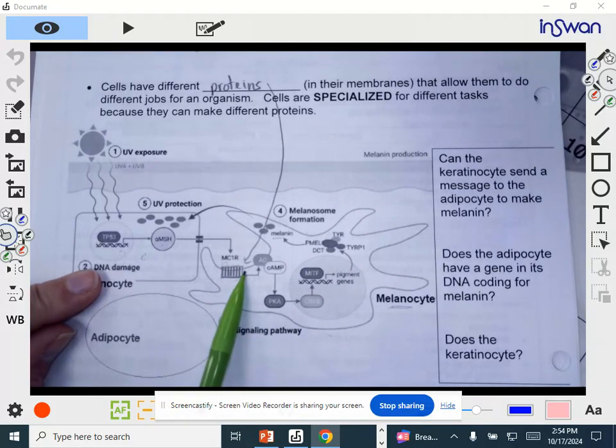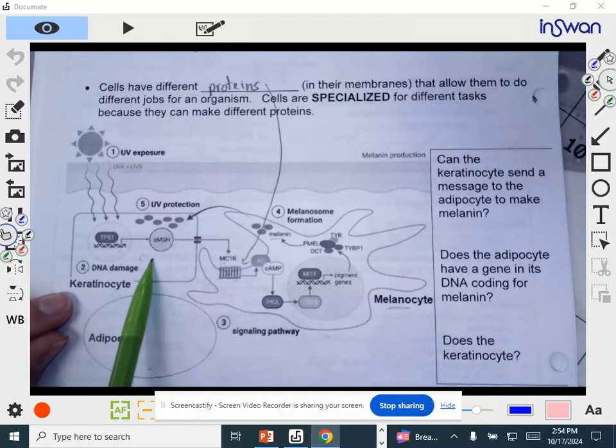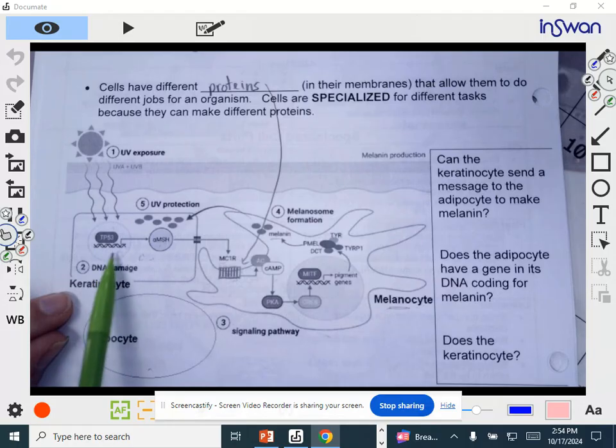And it's this cell then that will activate the making of melanin. You notice that this cell down here doesn't have that protein. So this cell that's receiving the signals can't signal for it to make melanin because it doesn't have that same protein in the membrane as this melanin-producing cell.